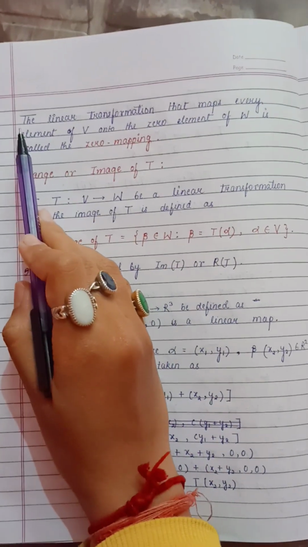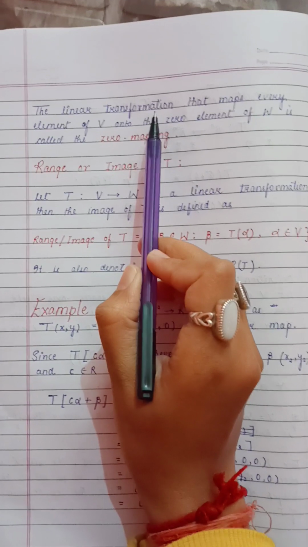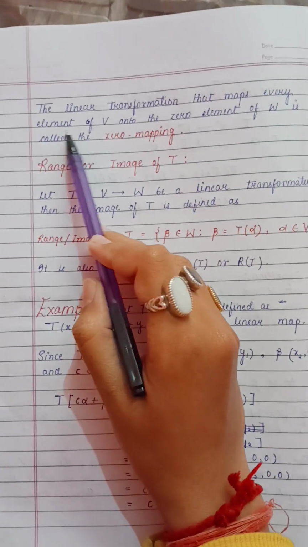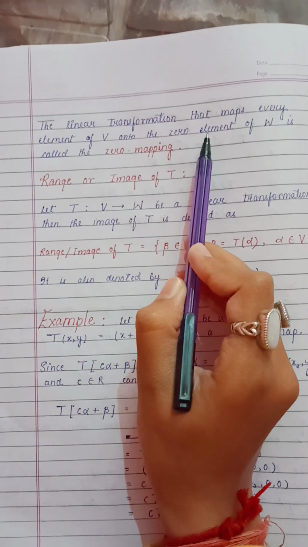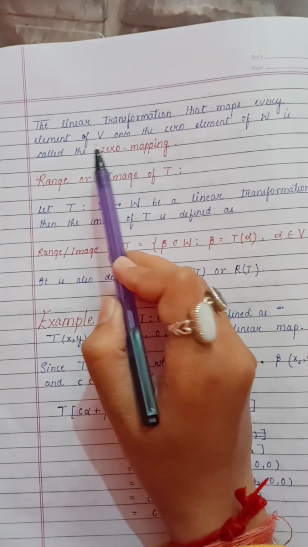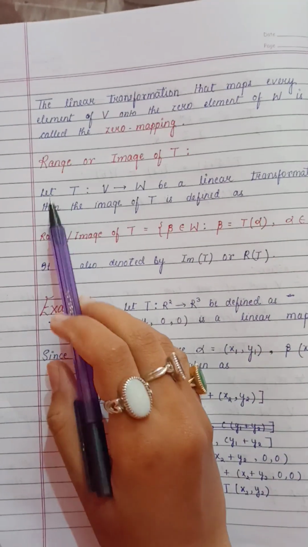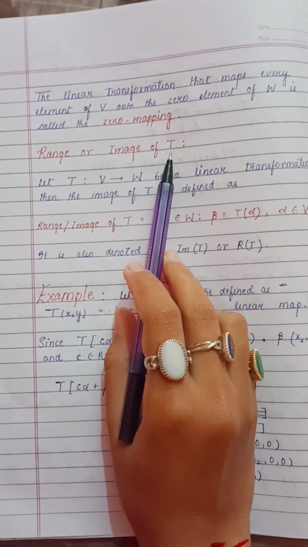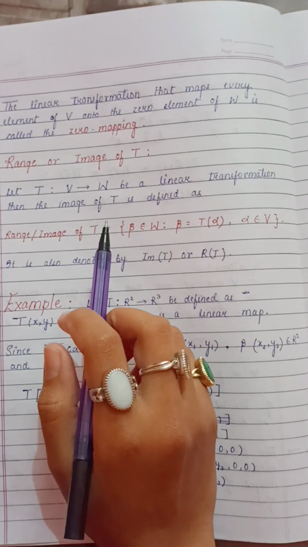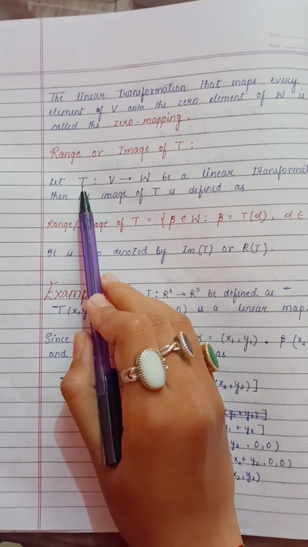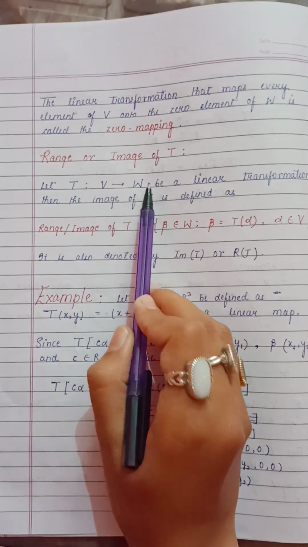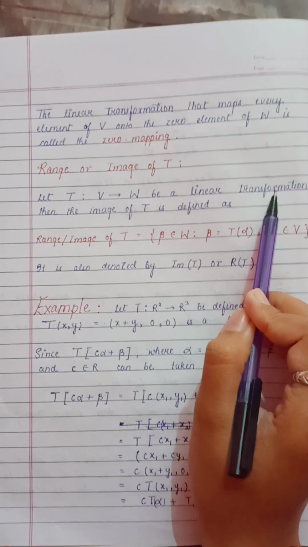The linear transformation that maps every element of V onto the zero element of W is called the zero mapping. Now, what is the range or image of the transformation T? Let T from V to W be a linear transformation.